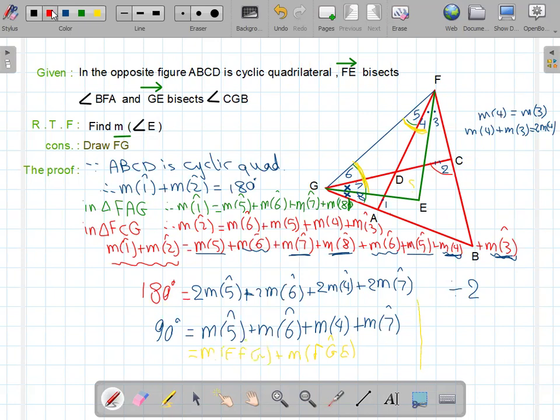In triangle FEG, measure of E equals 180 minus 90, equals 90 degrees. This is what was required to find.